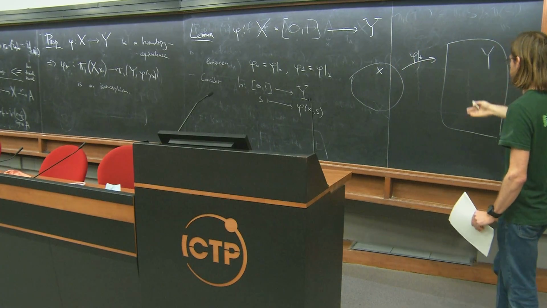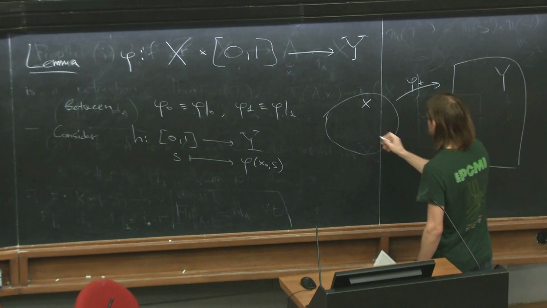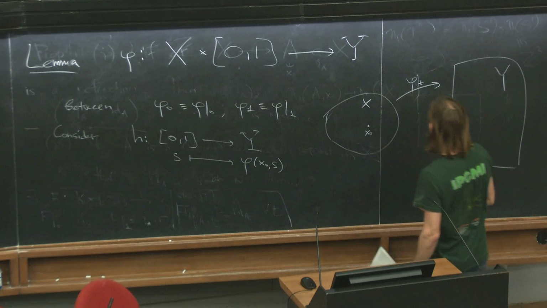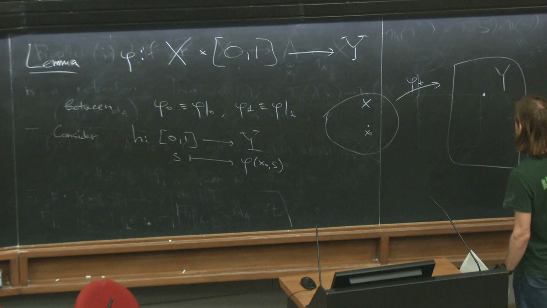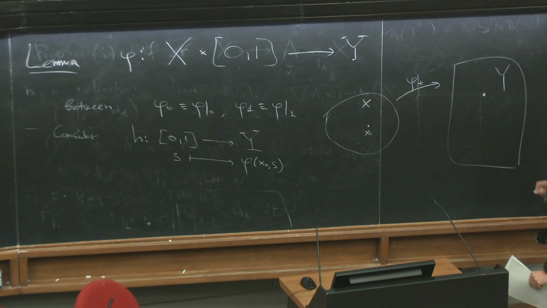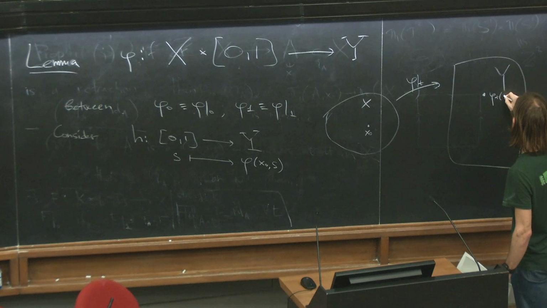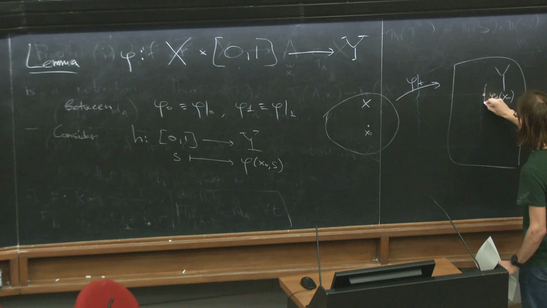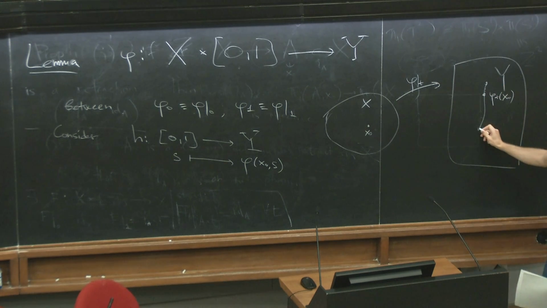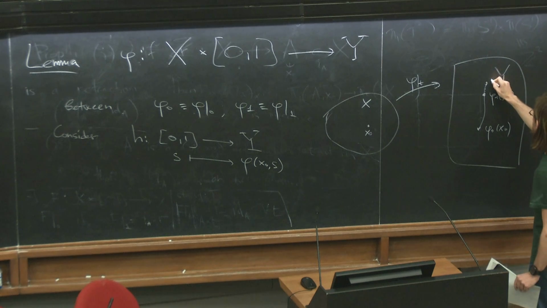So there's some family of maps parameterized by an interval from X to Y, and you consider a point x0. As t changes, this point moves around from phi_0 of x0 to phi_1 of x0.